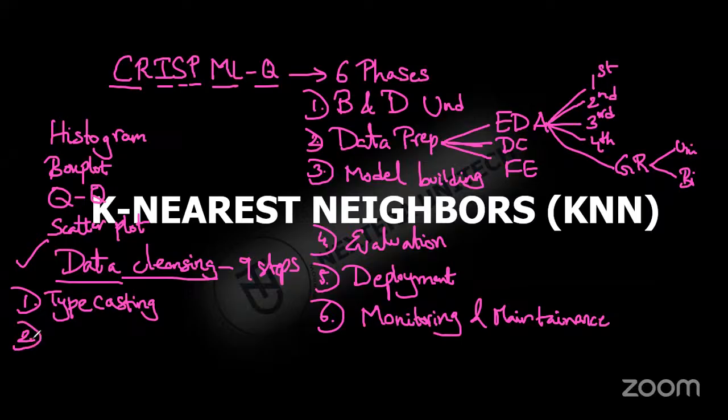Then the second one is handling duplicates. So if we have duplicates in the data, we are supposed to remove these duplicates. We use duplicated and drop_duplicates functions. Duplicated for identifying and drop_duplicates for removing these duplicates from the data.